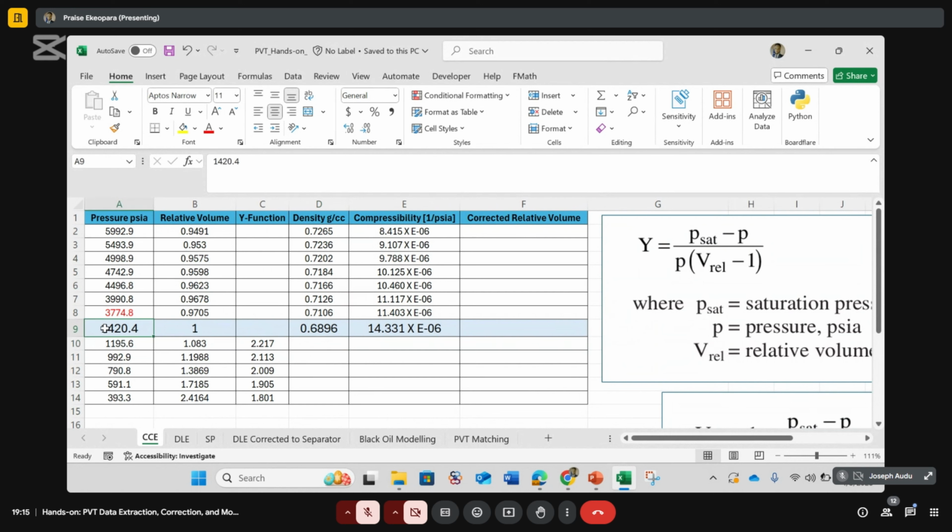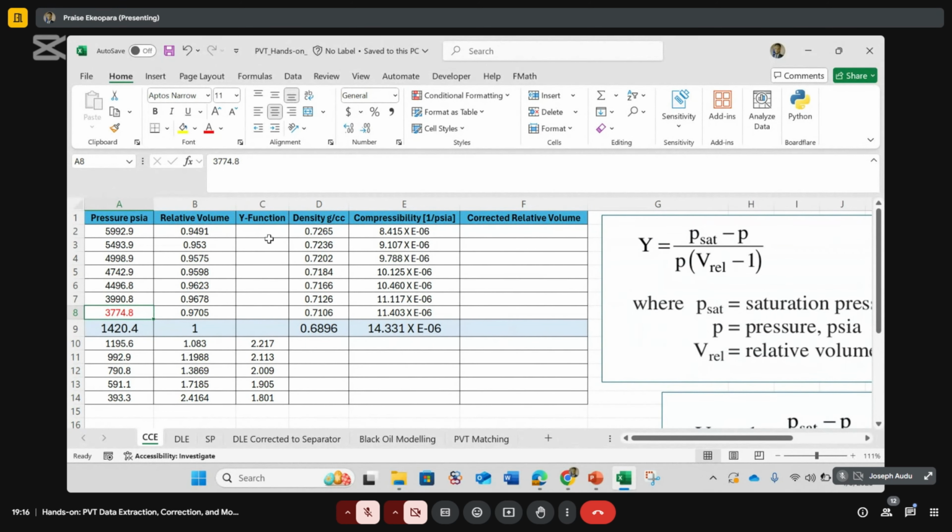As you can see, I have used this red one to indicate the saturation point, that this is our reservoir pressure, right? Then the extraction has been done for this CCE. So for each of them that has been extracted, I'll just walk you through the necessary corrections that are expected to be done for each of them.